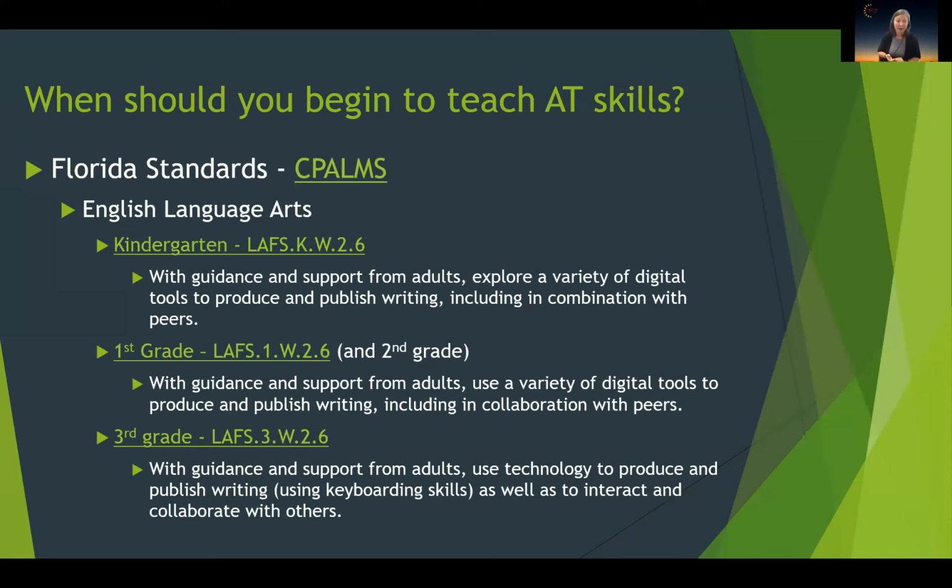Then in third grade, they are using technology to produce and publish writing using keyboarding skills. So they are very implicit about this, that you are to use keyboarding skills. So again, just to back up what I said earlier, that our students need to know how to use the keyboard. So anyway, they need ways to communicate digitally, just like every other student is.